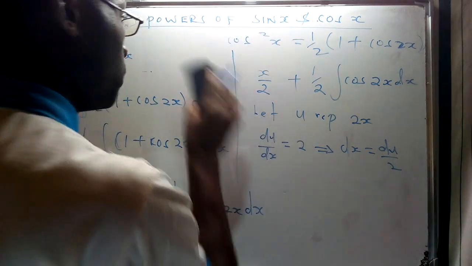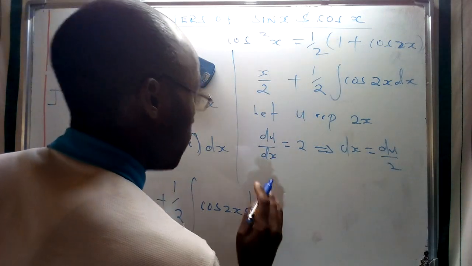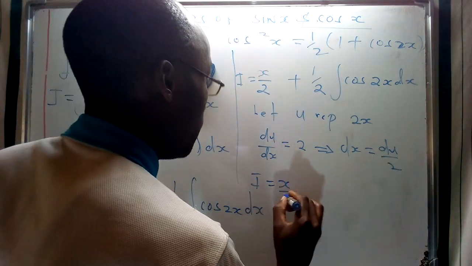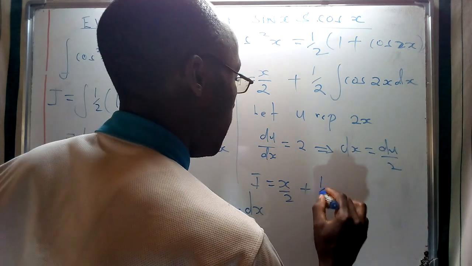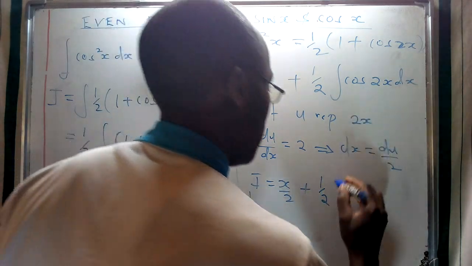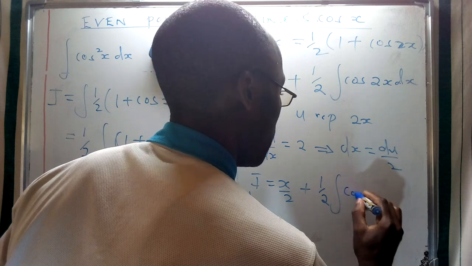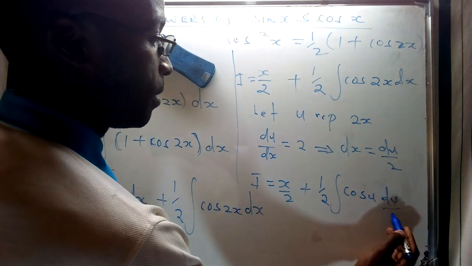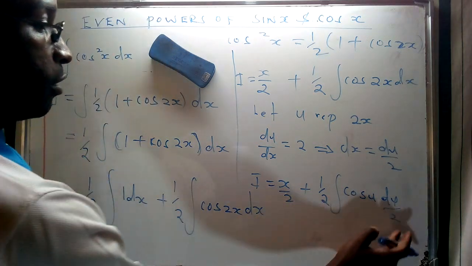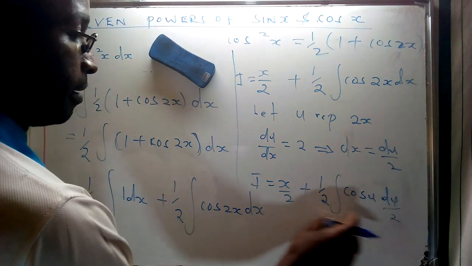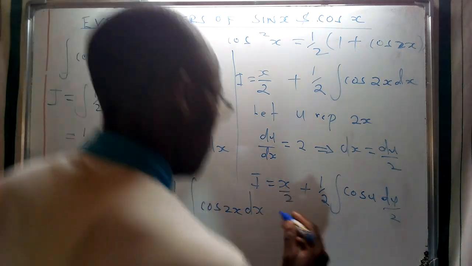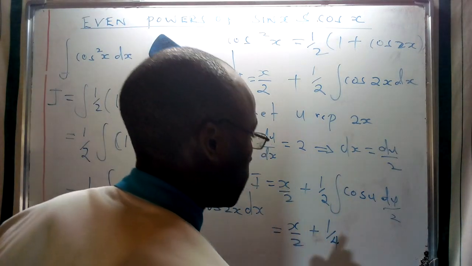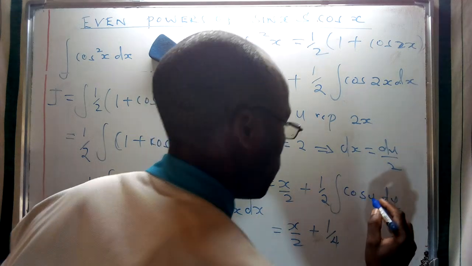So therefore we can write this integral as x over 2 plus a half the integral of the cosine of u du. Remember, dx is equivalent to du over 2, so we can still take this particular constant out for a half, which is going to give us x over 2 plus a quarter the integral of the cosine of u du.